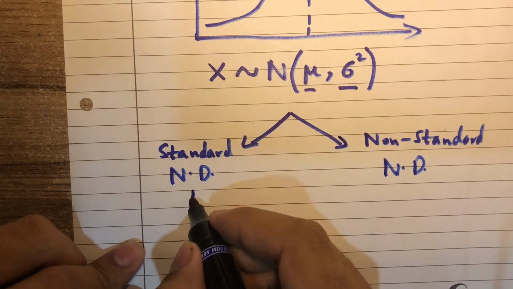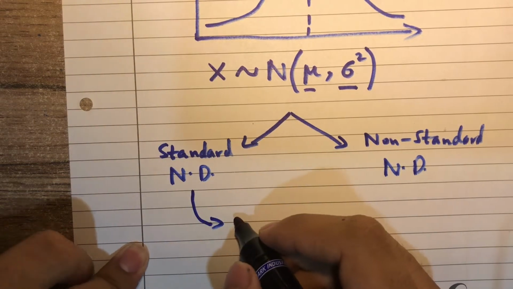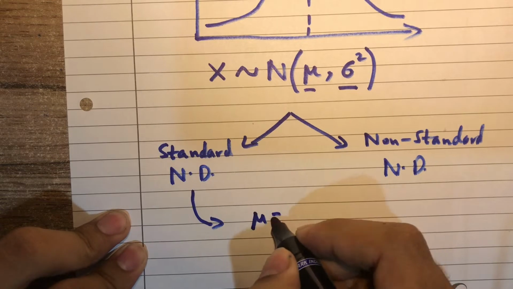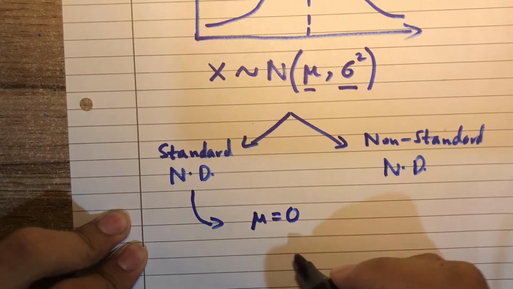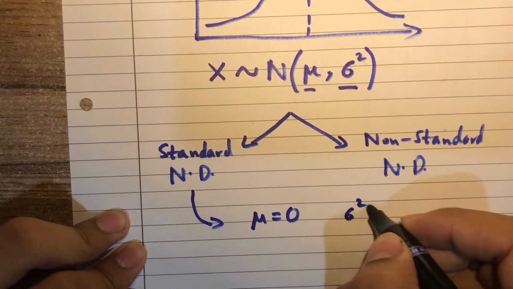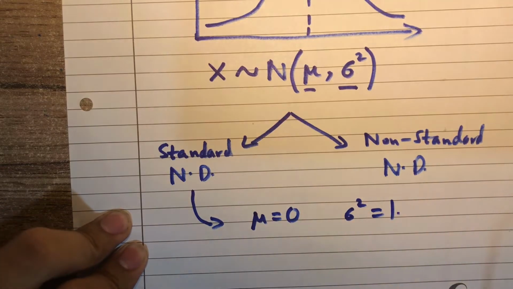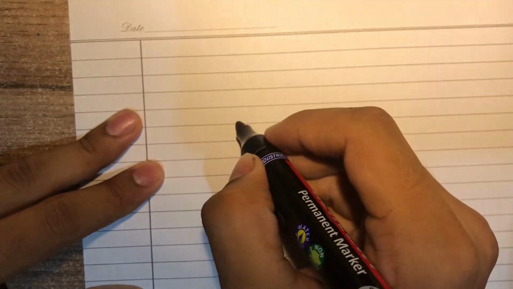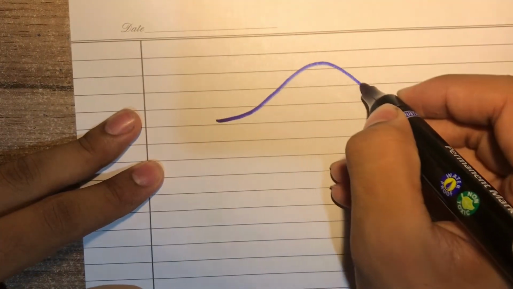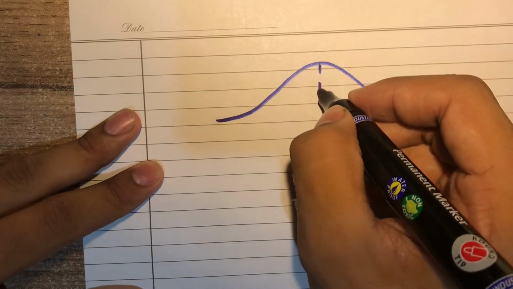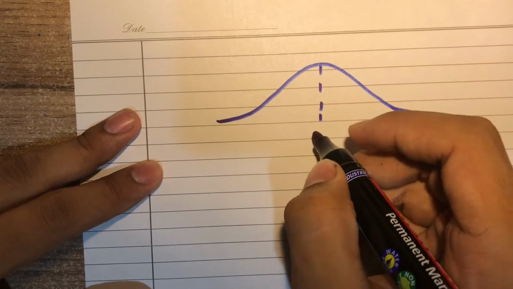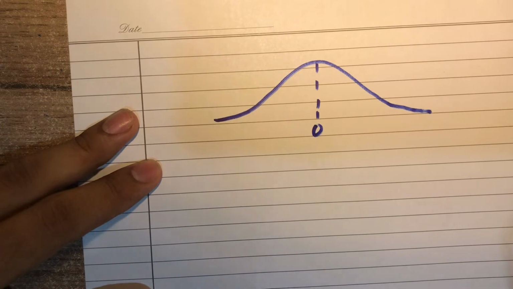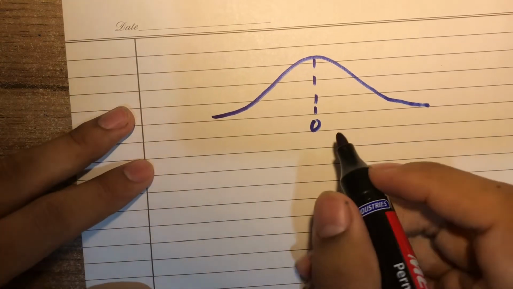So in standard normal distribution, the mean is equal to 0 and the variance is equal to 1, right? Now if I draw the curve for a standard normal distribution, the mean, median and mode is 0 and the variance is 1, right?